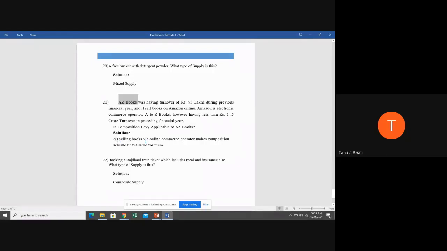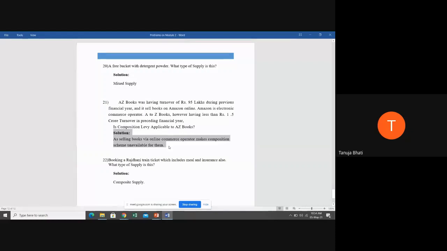Selling books via an online operator makes composition levy unavailable to them. Did everyone understand this? Composition levy is not available to people doing business on an e-commerce platform. Therefore, composition levy is not applicable to them.